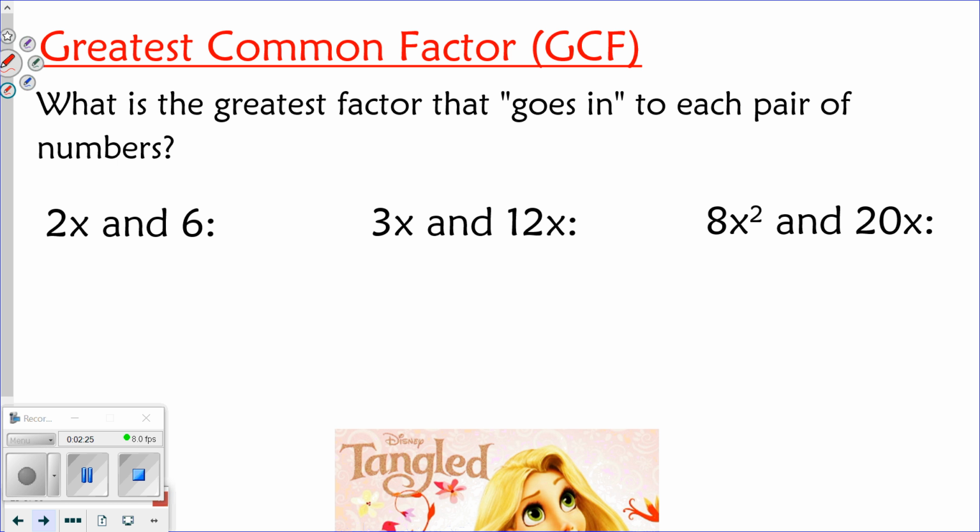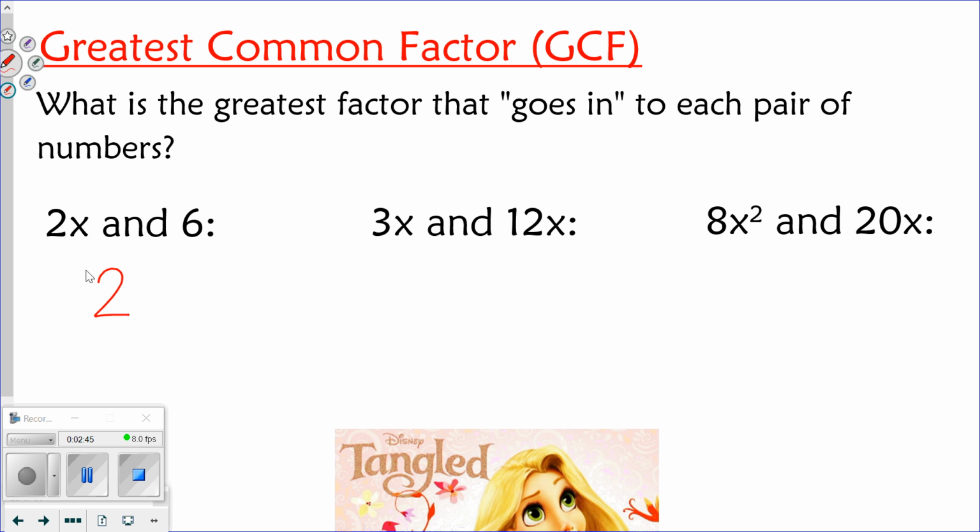So what about when I throw variables in? This always throws people. So what about between 2x and 6? What's the greatest thing that's common to both? Just 2. Why is there not an x involved? Yeah, the 6 doesn't have one. Okay?